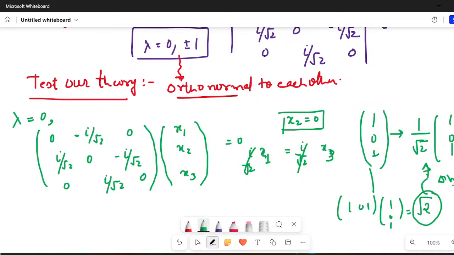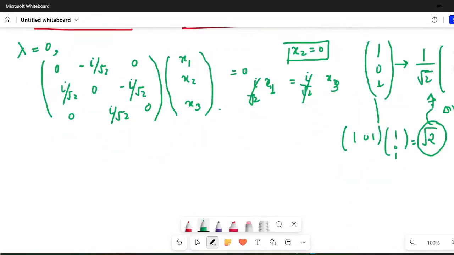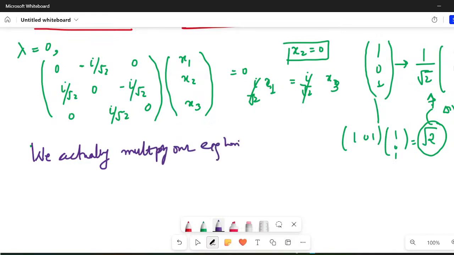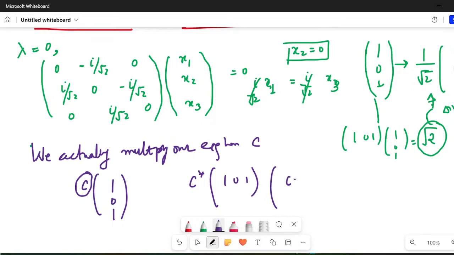If you want, I can do that also. Chalo, I'll do it. So what we actually do, I'm writing it here so that if somebody does not know, we multiply our eigenvector with some constant, let's say c. So it would be equal to c times 1, 0, 1. This c is your normalizing constant. I'll multiply c star 1, 0, 1 to c 1, 0, 1 and set it equal to 1.